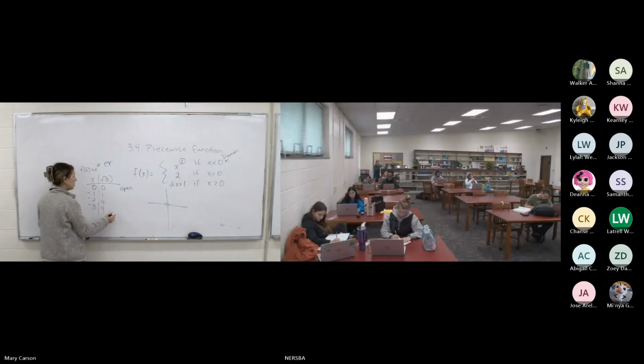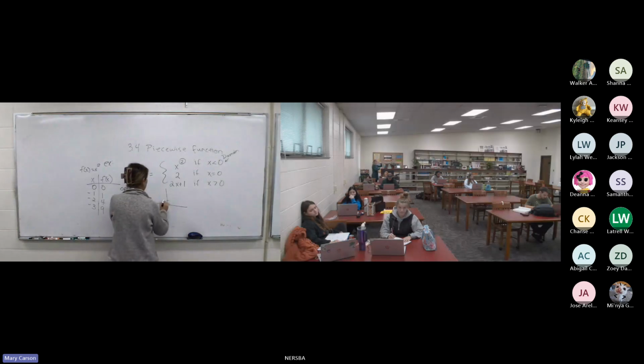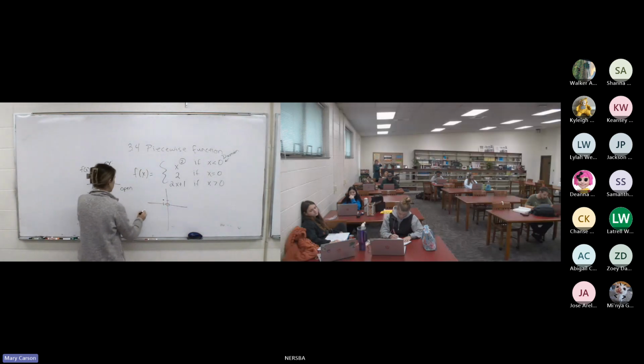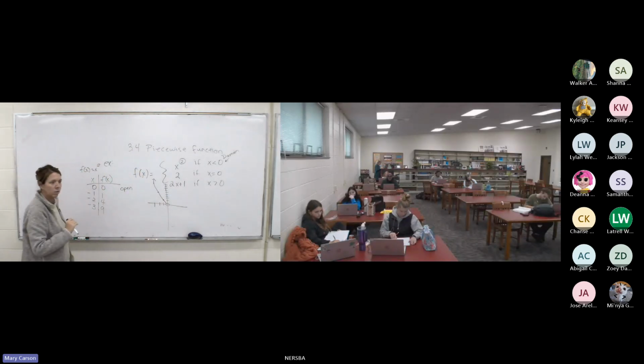So think squared is meaning 2 times 2 or 3 times 3. So we would do -1, 1 would be here. We would do -2, 4 would be here. We would do -3, 9 would be up here. And you can kind of see our graph is curving up. Now, if we had the entire graph, it would be something like that, right? But we're not including that because we only want the numbers that are less than 0.